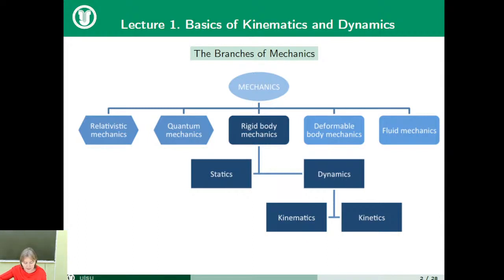The word kinematics comes from a Greek word kinesis, meaning motion, and it's related to other English words such as cinema, movies, and kinesiology, the study of human motion. Kinematic analysis is the process of measuring the kinematic quantities used to describe motion.